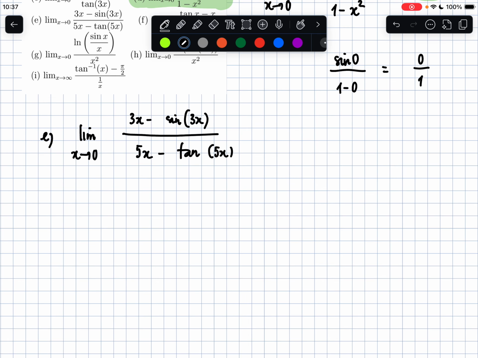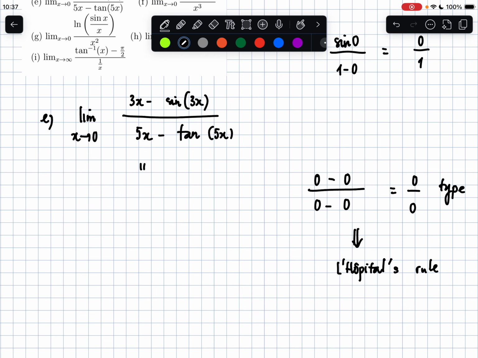We have 3 times 0, which is 0, sine 0, and 5 times 0, tangent 0. This one is 0 over 0 type, and that's why we can use L'Hopital rule. So let's do that. You take the derivative of numerator and denominator.